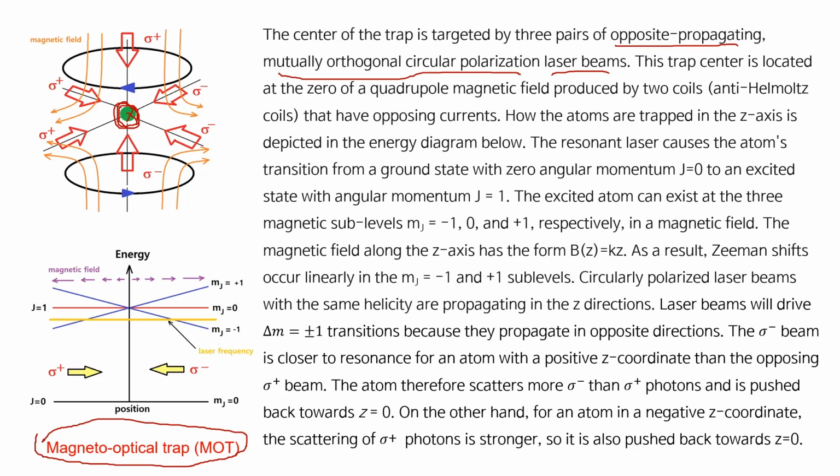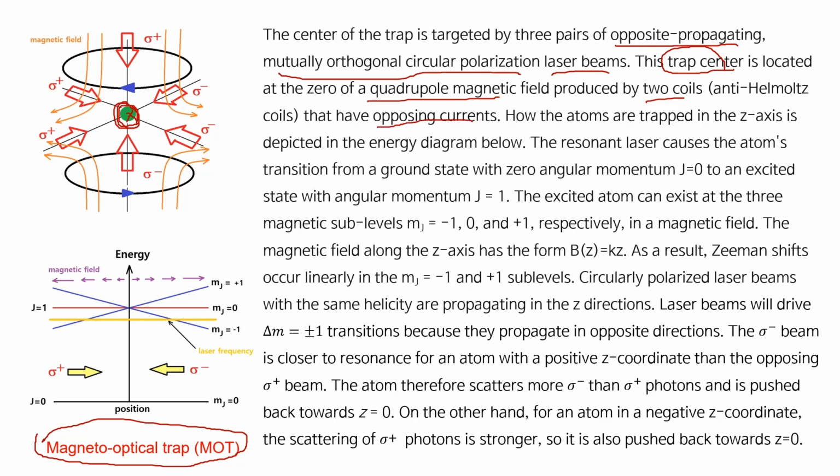This trap center is located at the zero of the quadrupole magnetic field produced by two coils, an anti-Helmholtz coil, that have opposing currents.